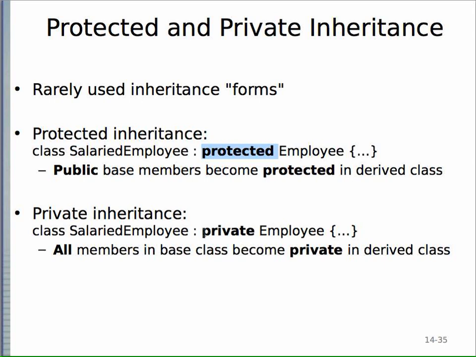You can also do private inheritance, where everything in the base class becomes private in the derived class. So if you had a public data member in employee, and remember there's no good reason to make anything public, it's as if you made it private in the derived class.